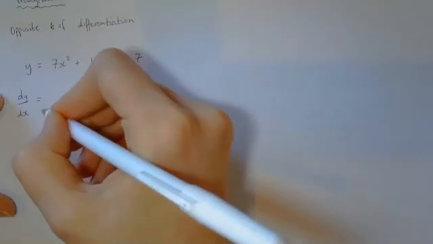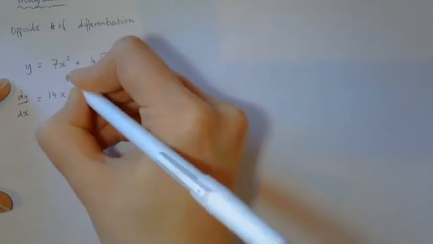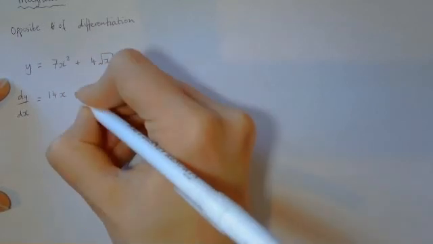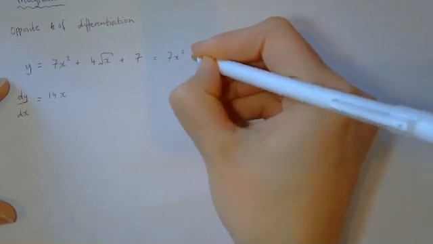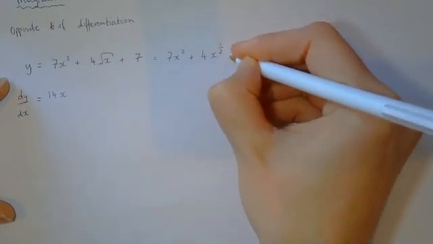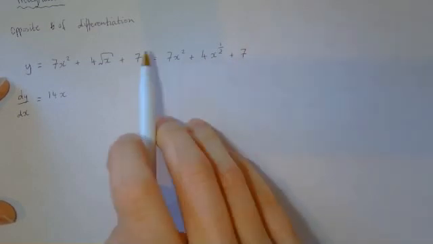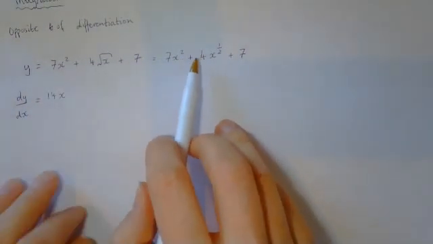So I've got dy by dx equals, so multiply by the power and reduce the power by 1. Now what I should have done before I started, which you've probably done I would imagine, is to write that square root of x as an x to the power of a half. So I haven't done anything in this step, but I've written it in such a way that now I'm able to differentiate.